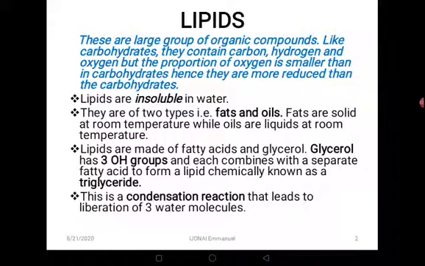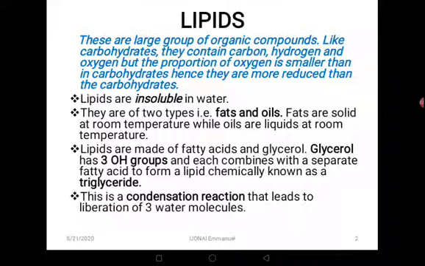Lipids are made up of fatty acids and glycerol. You know that glycerol is an alcohol that contains 3 OH groups. Each combines with a separate fatty acid to form a lipid that is chemically known as the triglyceride. We're going to see how the triglyceride is formed shortly, but for now we know that these lipids are formed from the building blocks called fatty acids with glycerol.